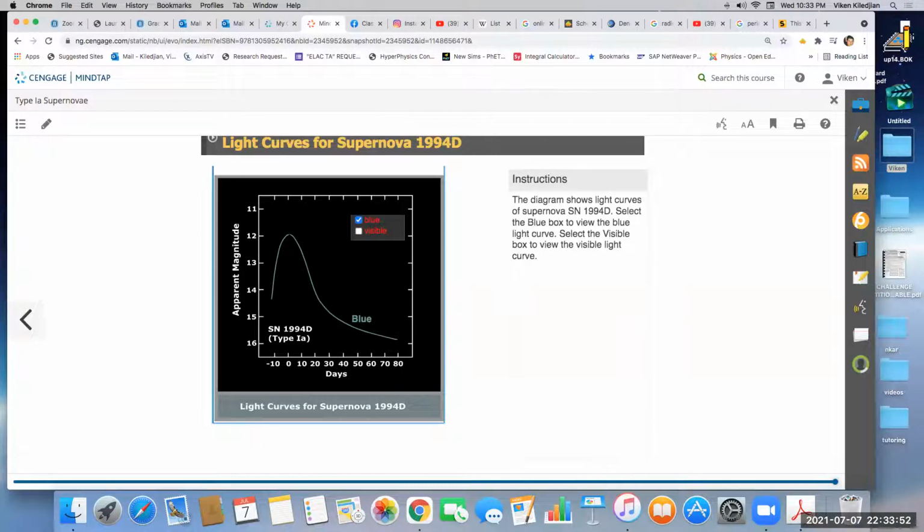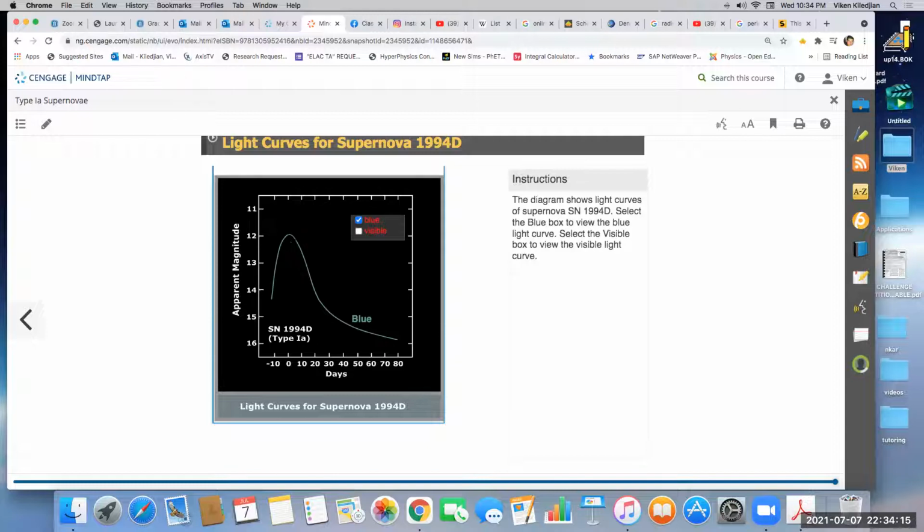It's 12, which means you still can't see it with your naked eye, but it's a lot brighter than 14 or 14.5. So as the apparent brightness is increasing all the way to 12, it's looking brighter and brighter to telescopes, but it's still not visible to the naked eye, of course.